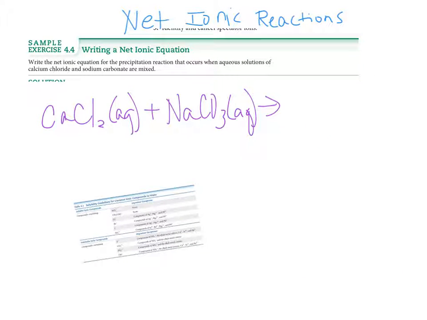So here we have, and we're writing the net ionic equation for the precipitate reaction that occurs when aqueous solutions of calcium chloride and sodium carbonate are mixed. So I've written my two reactants. Now I have to decide which one forms a precipitate. I can do the double replacement and switch around and show the potential two things that could be precipitates.